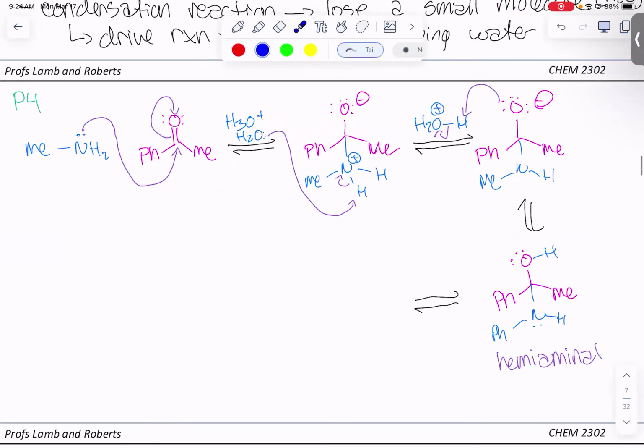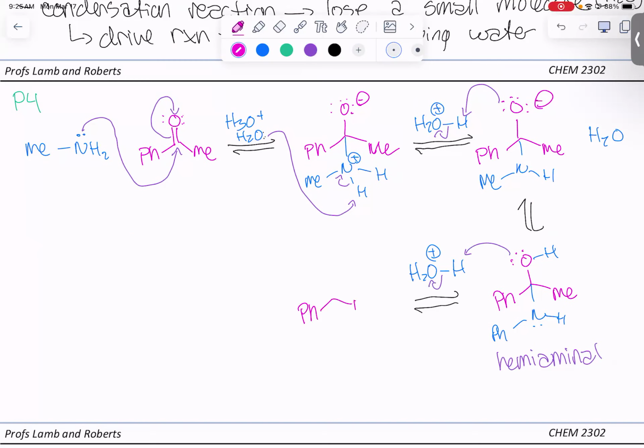So when we take a look at this intermediate, we say to ourselves, it doesn't look good to lose OH, so let's go ahead and protonate that intermediate. We had reformed our acid before, and this is why we have an acid catalyst. We just have some of it around. Actually, we had reformed water in this case, but we have an acid catalyst for our proton transfer. And let's go ahead and protonate our oxygen to make it into a better leaving group.